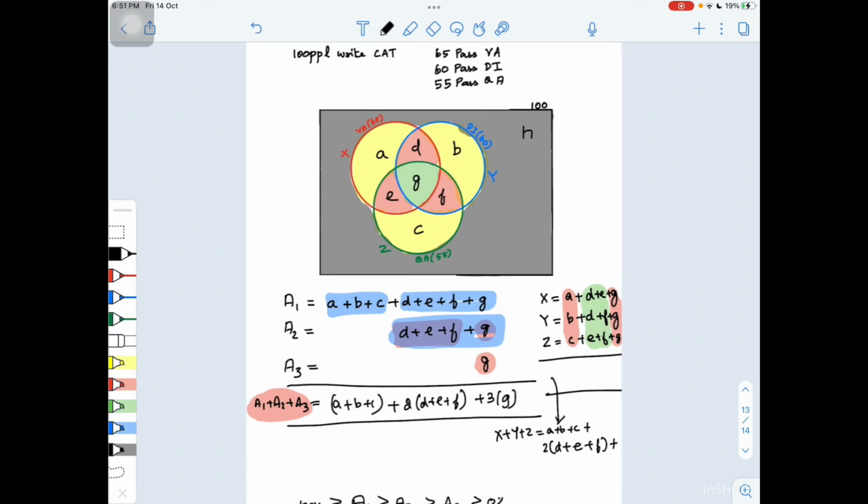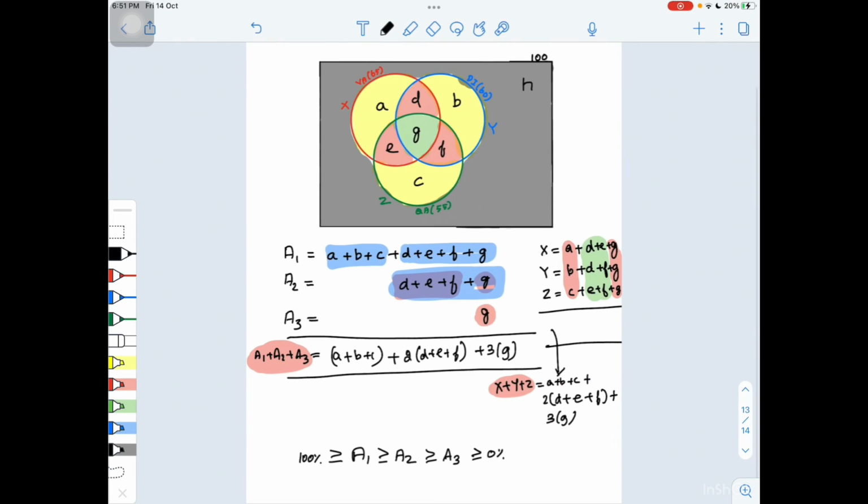G comes 3 times, so plus 3 times G. Can we see that this expression X plus Y plus Z is exactly the same as A1 plus A2 plus A3? A plus B plus C plus 2 times D plus E plus F plus 3 times G is exactly what X plus Y plus Z also is. In other words, my second expression is that A1 plus A2 plus A3 will always be equal to the sum of the three circles' values.